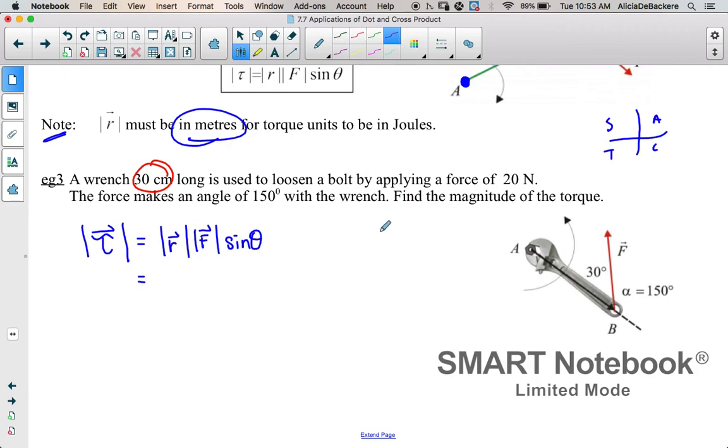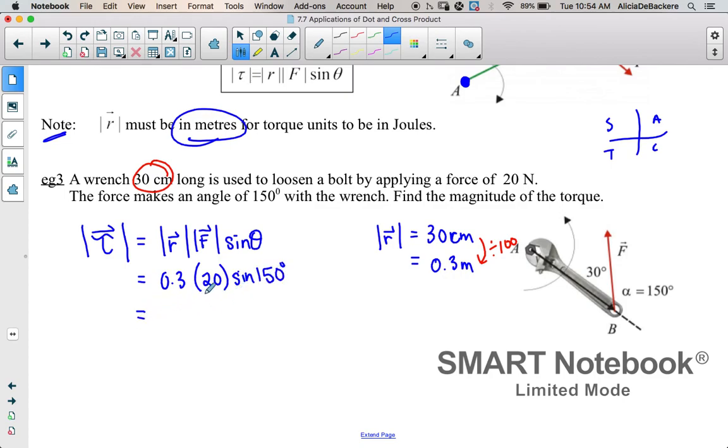I need the length of the wrench in meters. To convert that to meters, I'm going to divide by 100, since there's 100 centimeters in a meter. So I've got 0.3 times the magnitude of the force, 20 newtons, times sine of 150 degrees.